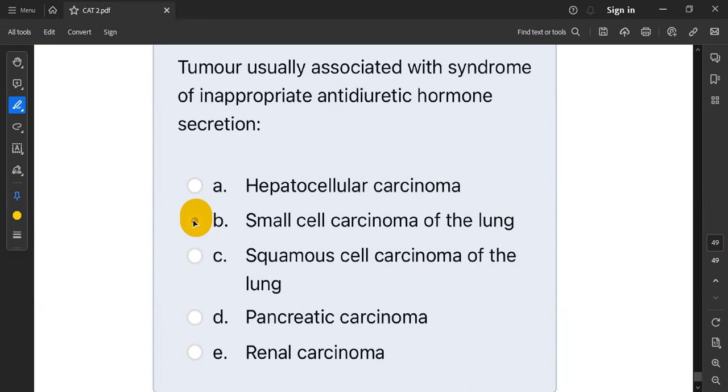Then pancreatic carcinomas. Which marker do we use to look for pancreatic carcinomas? Yes, so we have the CA 19-9. And I think we're done. For renal carcinomas, how you diagnose them is maybe by imaging.